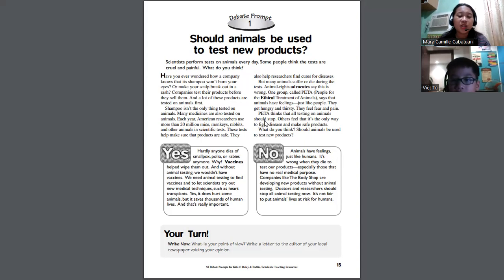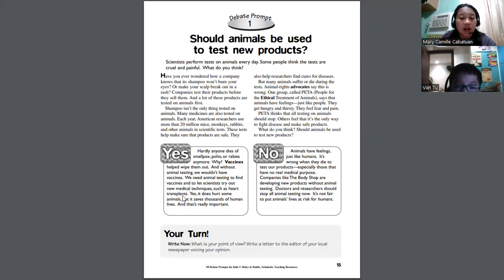All right. So for the yes side here in this part, hardly anyone dies of smallpox, polio, or rabies anymore. Why? Vaccines help wipe them out, and without animal testing, we wouldn't have vaccines. We need animal testing to find vaccines and to let scientists try out new medical techniques, such as heart transplants. Yes, it does hurt some animals, but it saves thousands of human lives, and that's really important.